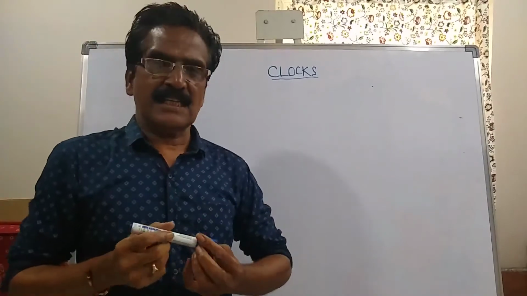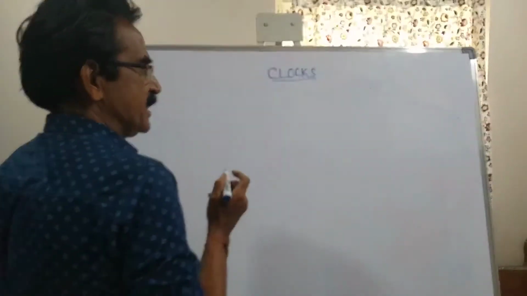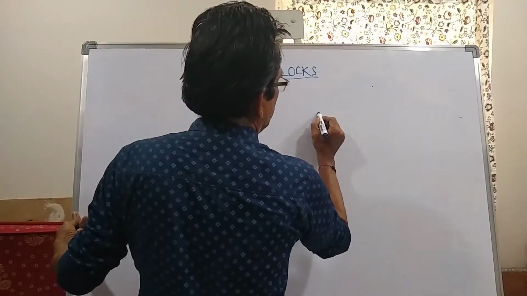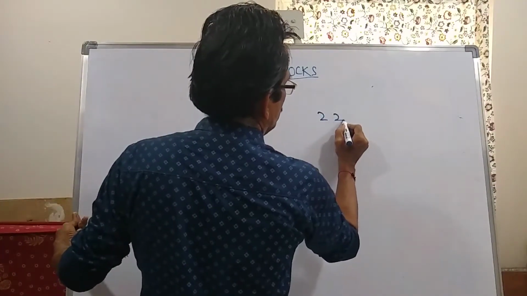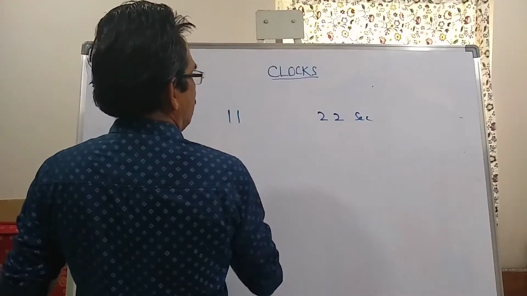Another important problem, friends. A clock takes 22 seconds to strike 11 strikings.